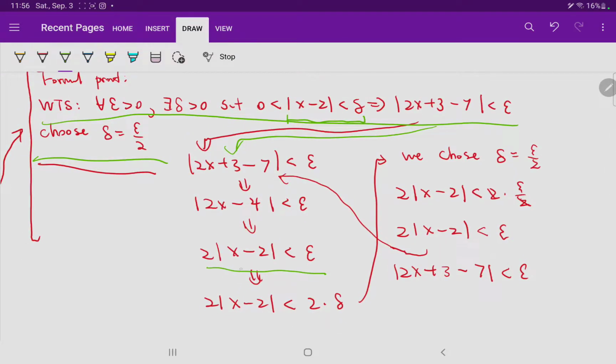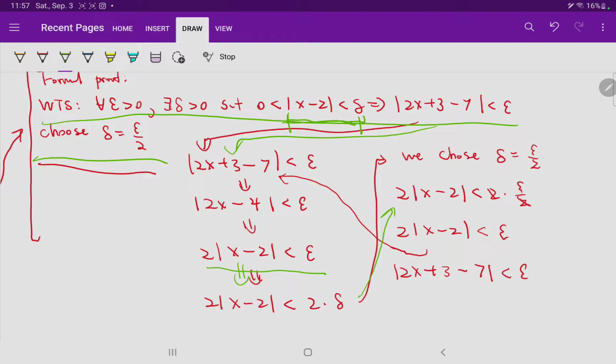If you only look at this expression right here, you will know that it is actually smaller than 2 times delta, because in our assumption, we say that the absolute value of x minus 2 is smaller than delta. So we can safely say that 2 times the absolute value of x minus 2 is smaller than 2 times delta. Another assumption of ours is that delta is equal to epsilon over 2, so 2 times epsilon over 2 is epsilon.